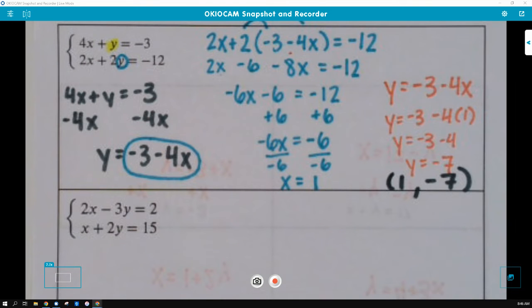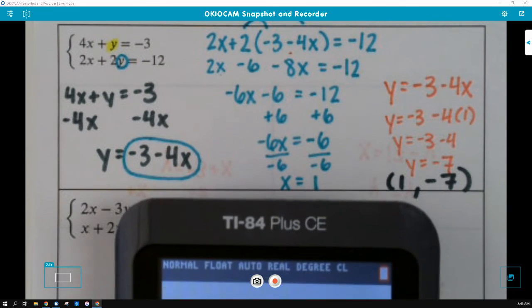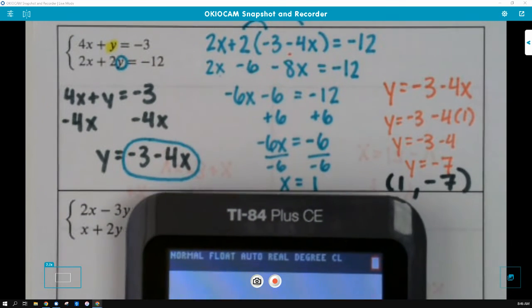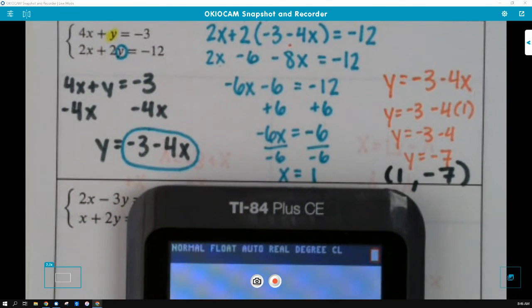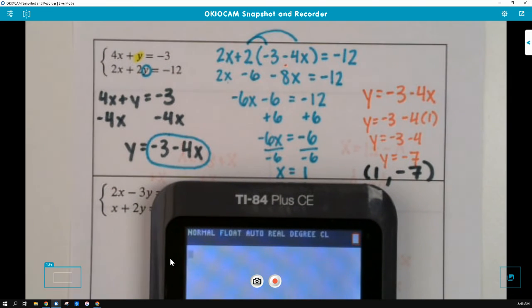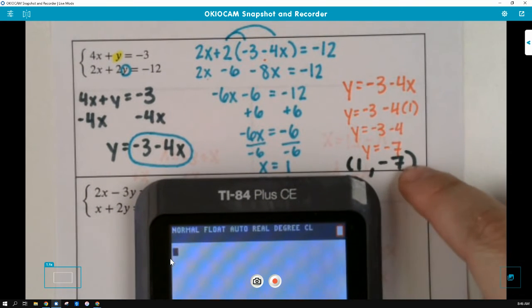Okay. I'm going to show you guys something. These systems of equations, we haven't checked them yet, but I want to show you now that we're on to these more complicated ones that you could check these. So in a system of equations, I now have an x value and a y value.